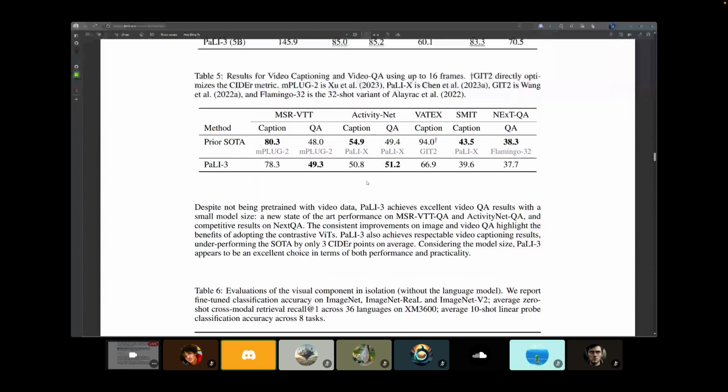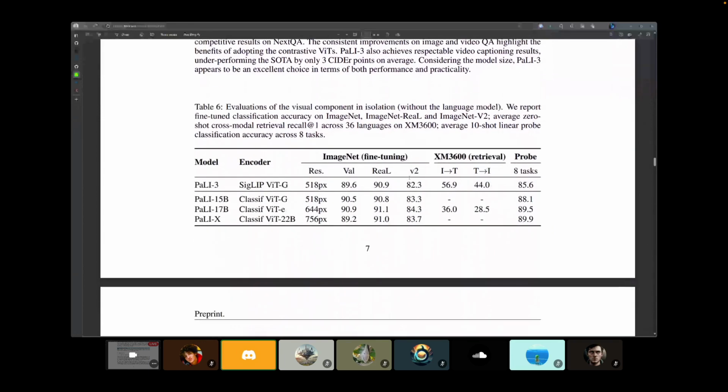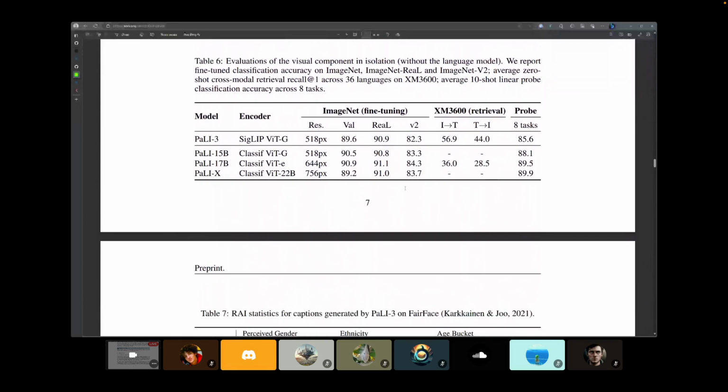The consistent improvements on image and video QA highlight the benefits of adopting the contrastive ViT. Poly 3 also achieves respectable video captioning results, underperforming the SOTA by only 3 points on average, considering the model size. Poly 3 appears to be an excellent choice in terms of both performance and practicality.